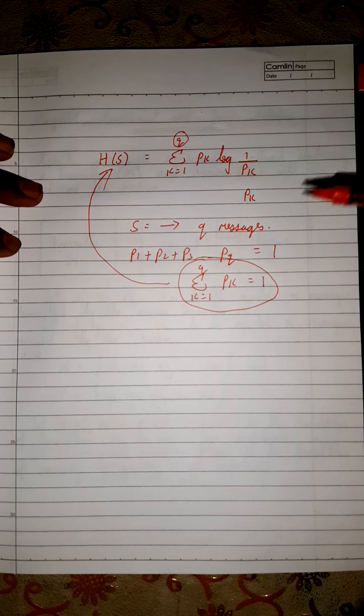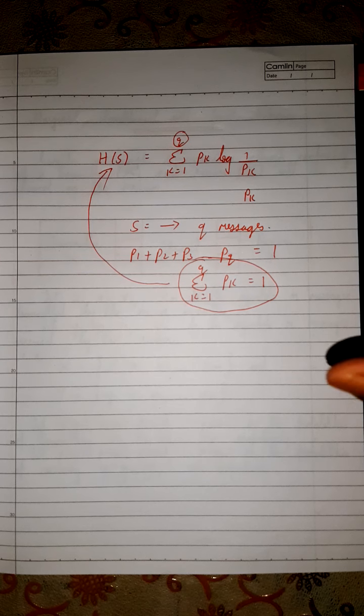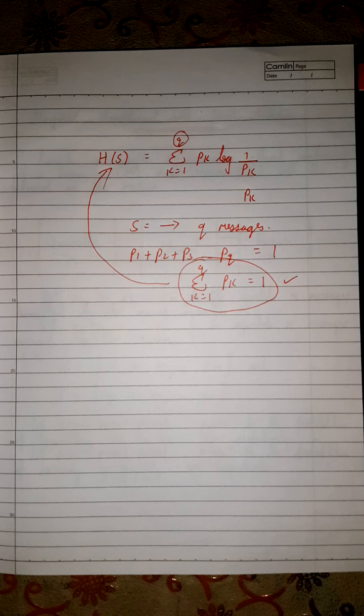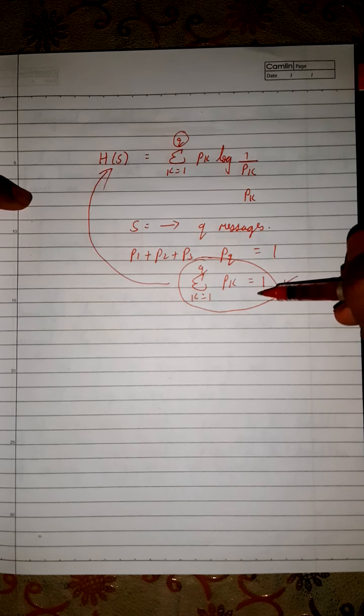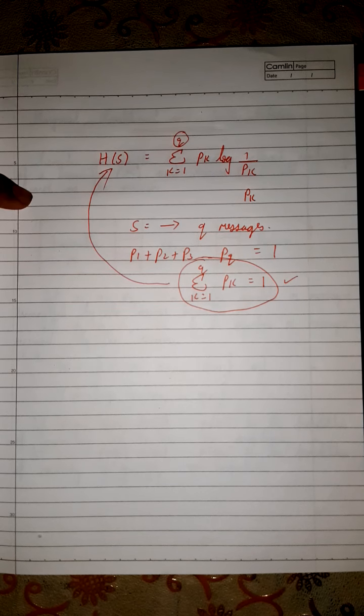So any source or any set of events in which the probabilities of all its outcomes add up to 1, then only you can define the entropy. If this equation is not satisfied, then you cannot apply the entropy equation to that source.